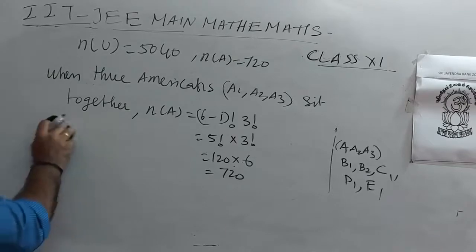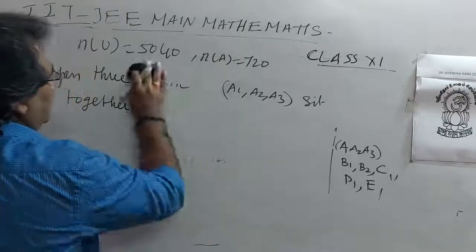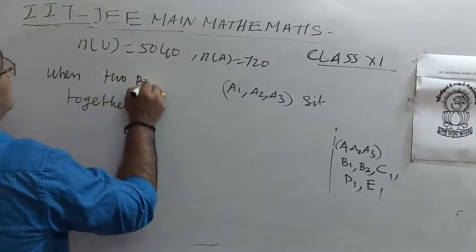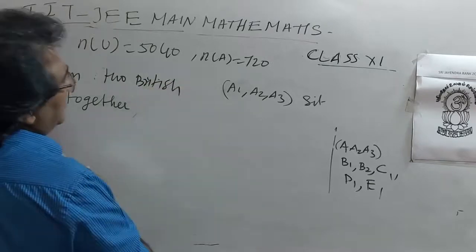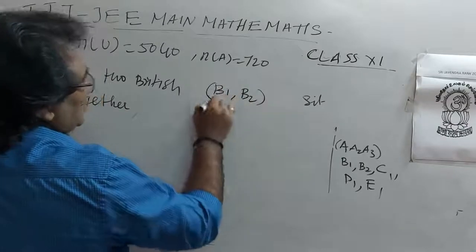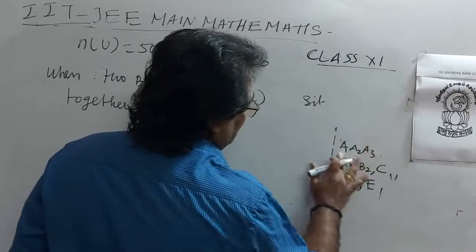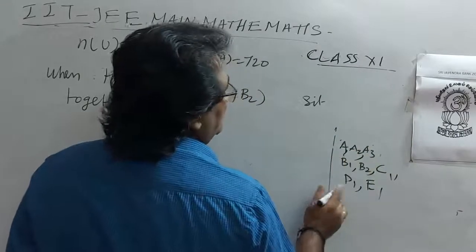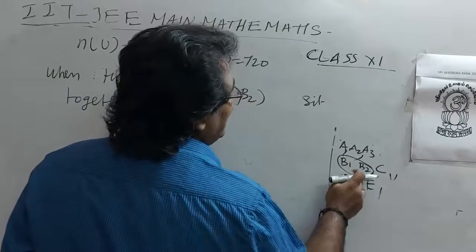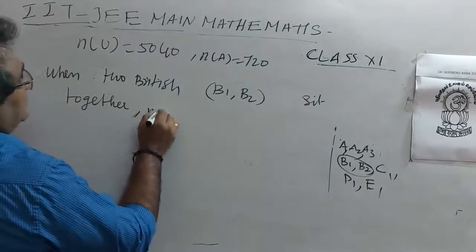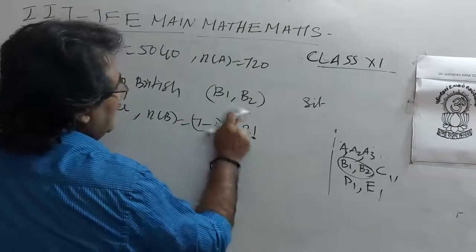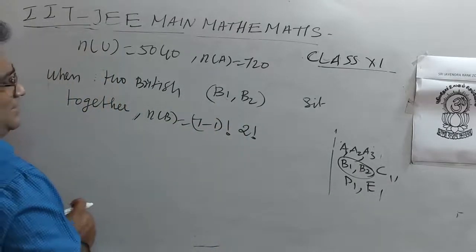Next case, when the two British people, B1, B2, sit together, you combine them as 1 unit, so we have 7 units. n of B equals 7 minus 1 factorial into 2 factorial, as the two British can be arranged among themselves.